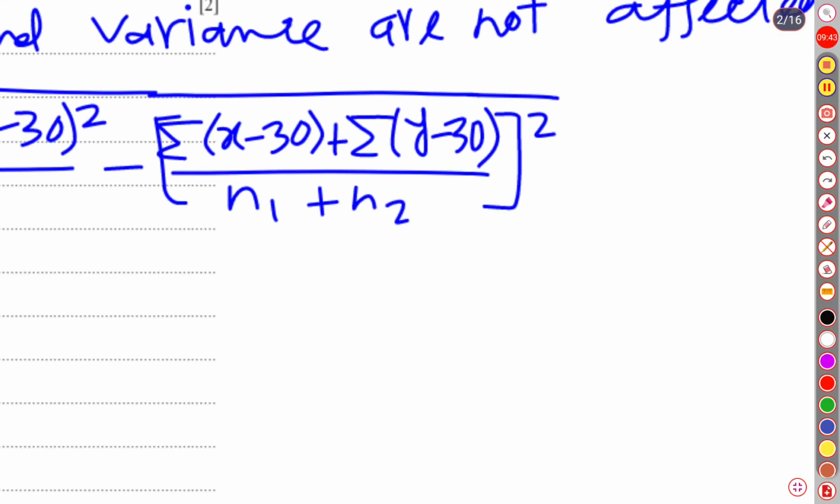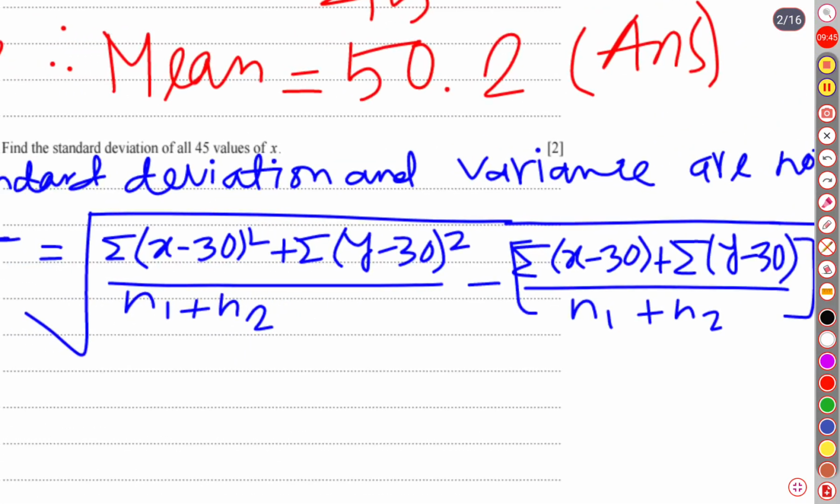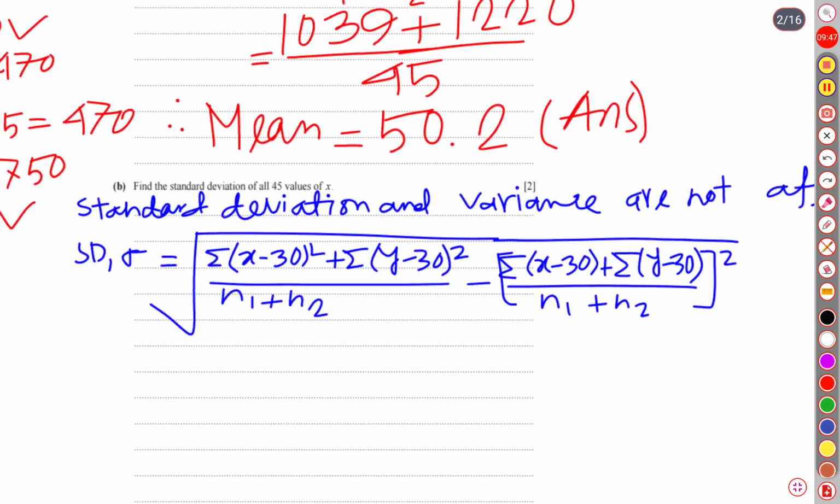Usually, for finding standard deviation or variance, it is sum of x squared over n minus the mean squared.